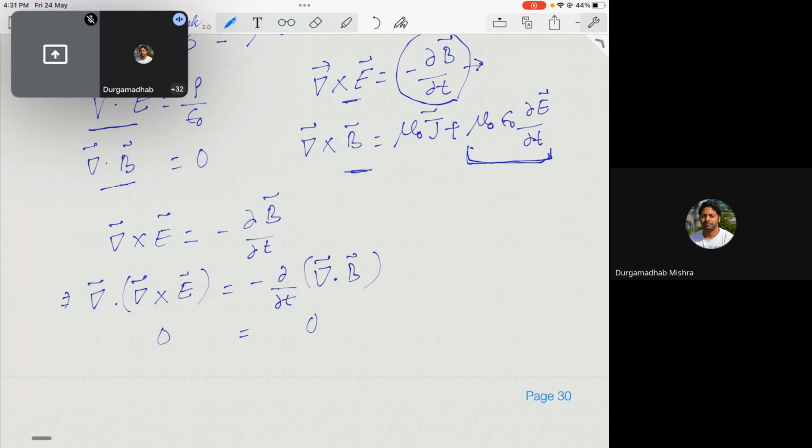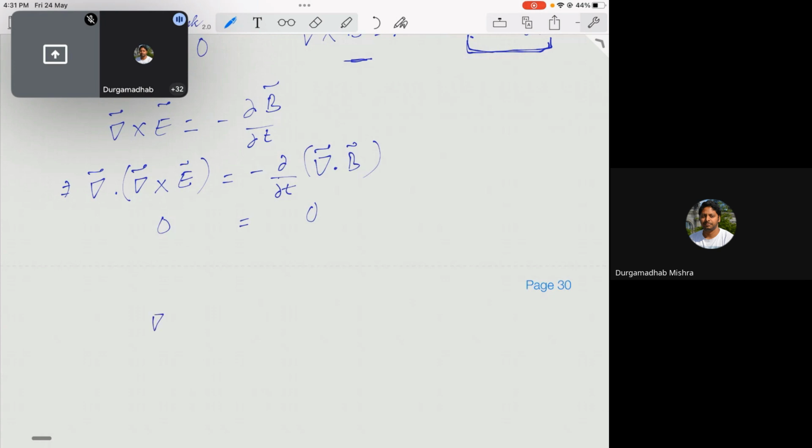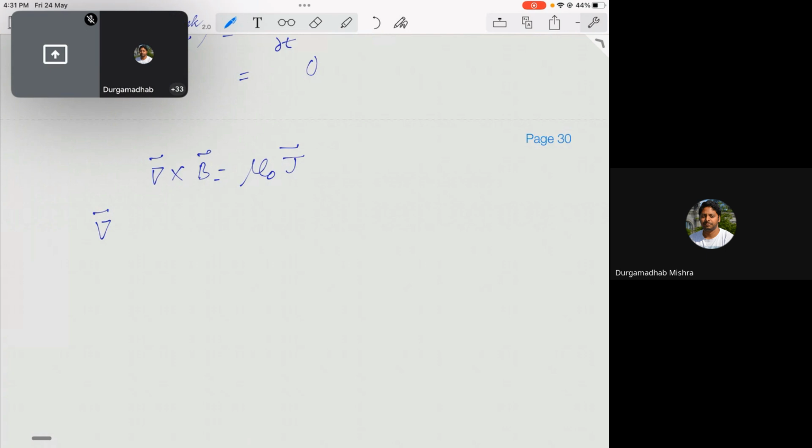That is fine. Now let's look at Ampere's law, because till now Maxwell has not made any correction. Let's take the divergence of both sides.